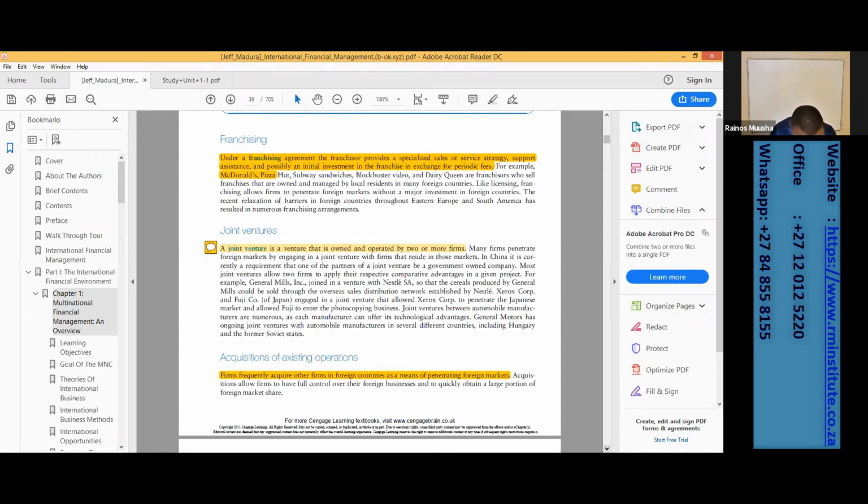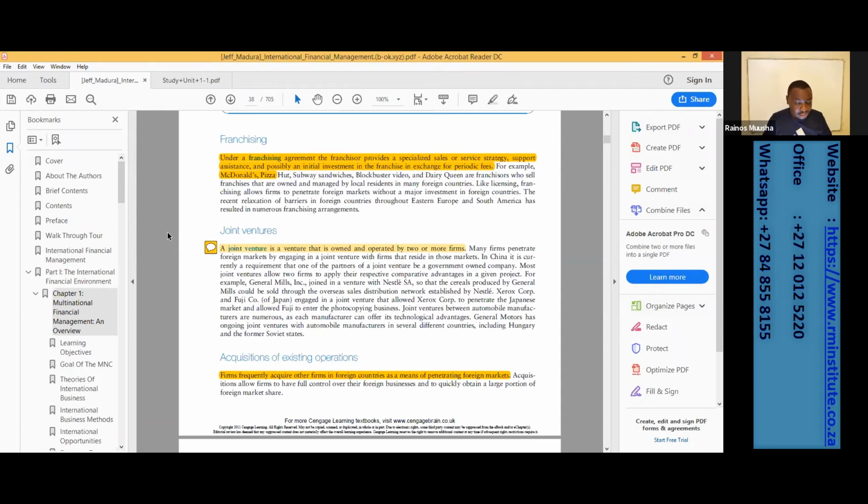The next one is joint ventures, where they say a joint venture is a venture that is owned and operated by two or more firms as well, right? So when it comes to joint ventures, for example, in some countries they have laws which require the locals to be involved in any operations that are going to be done by the multinational company.